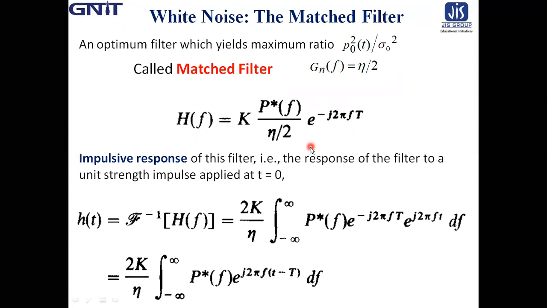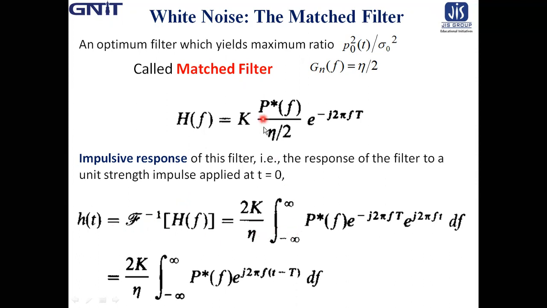Now the impulse response of this filter, that is the response of the filter to a unit strength impulse applied at t equal to 0, is h(t). h(t) is nothing but the inverse Fourier transform of H(f), because h(t) equals the integral from minus infinity to plus infinity of H(f) e to the power j 2 pi f t df.